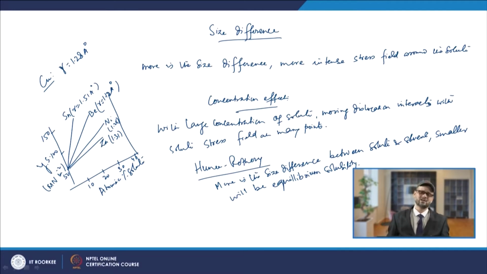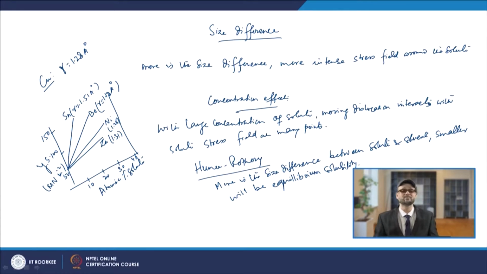Another effect of size difference comes apart from these substitutional solutes. There are basically two things. One is the substitutional solid solution, when the two atoms we are using, solvent and solute atoms, are of comparable sizes, and the size difference is not very high.